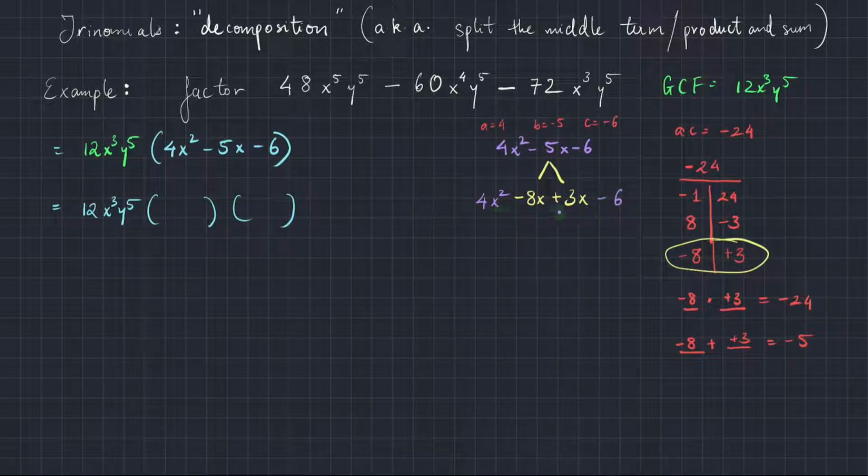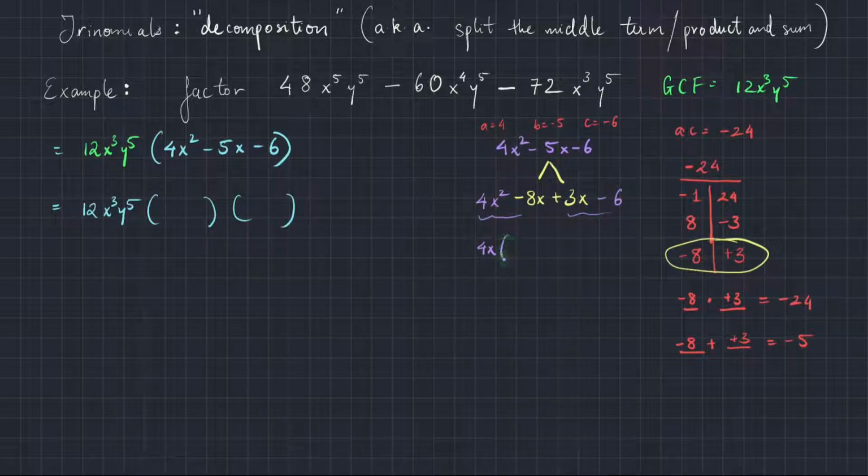What do you notice? This is a 4-term expression, and 4-term expressions can be factored by grouping, as long as the ratio of the first two terms equals the ratio of the last two terms. Turns out that this one can be grouped, and when this is grouped, the first group has a greatest common factor of 4x.